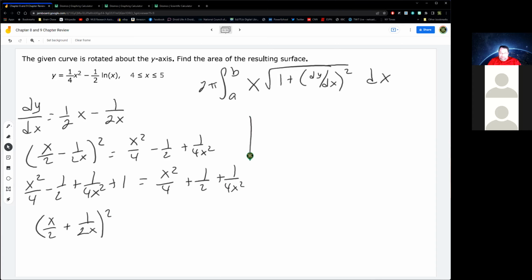So my integral from 4 to 5 of x times x over 2 plus 1 over 2x dx.